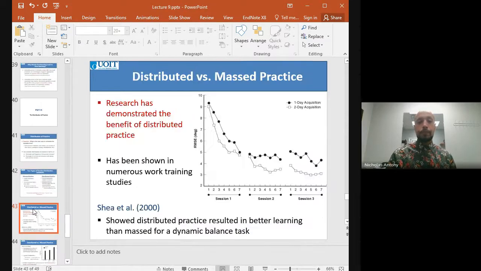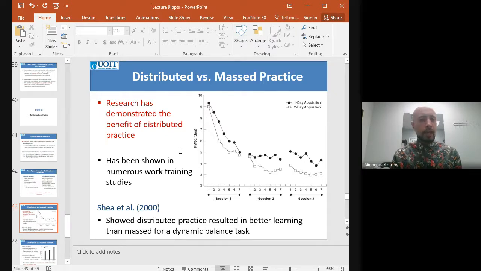Okay. Because research evaluating the difference in the distribution of practice has shown statistically and consistently that distributed practice is better than mass practice.